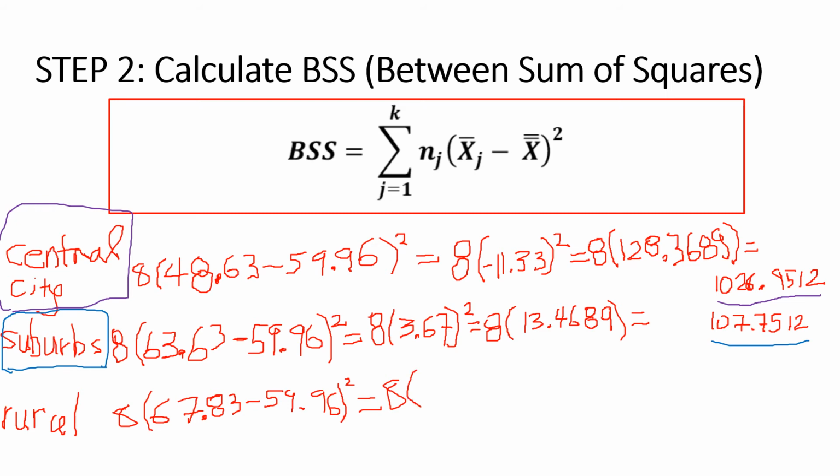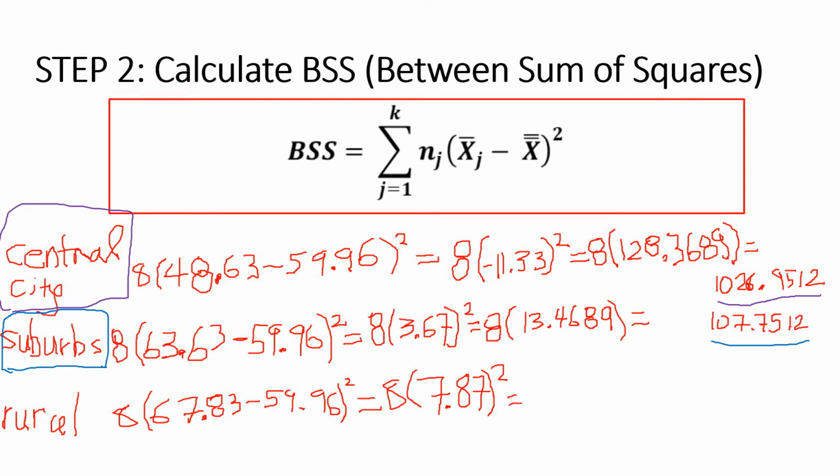So 67.83 minus 59.96 gives us 7.87. Oh my goodness. Squared.